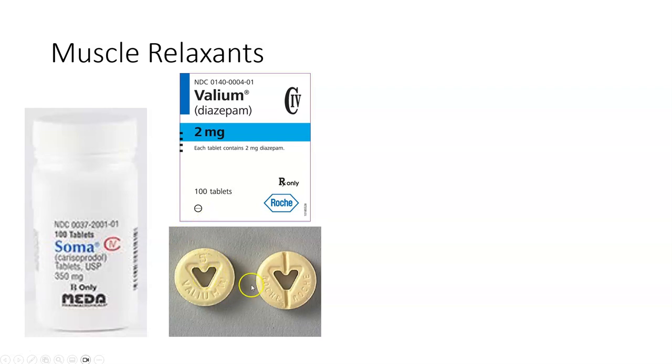It's just going to be a scored tablet. But Valium, when we talk about benzodiazepines, it's got a lot of purposes. This is the only benzodiazepine that has muscle relaxant properties. So again, if somebody's maybe in a car accident and they have a back sprain, they might be taking Valium.